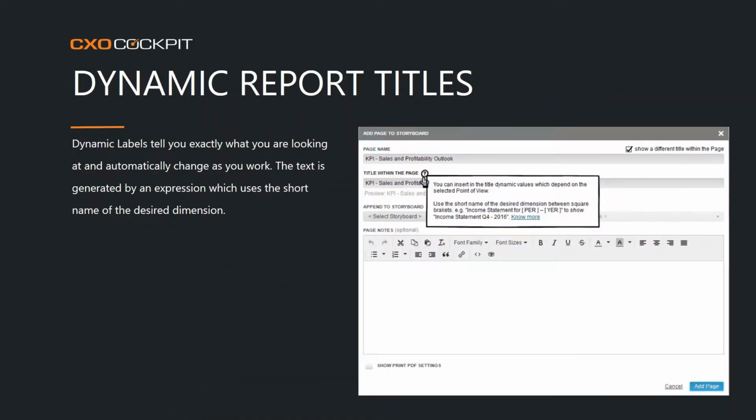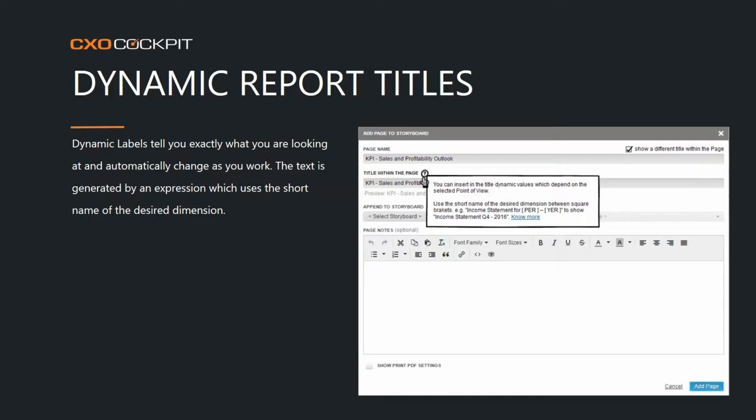Another exciting new thing, and this will be part of my demo as well, is the ability to set up dynamic report titles. Sometimes you would really like to make, for example, the entity part of your report title, P&L for Asia. So now that's possible. We've distinguished the report name and the report title.